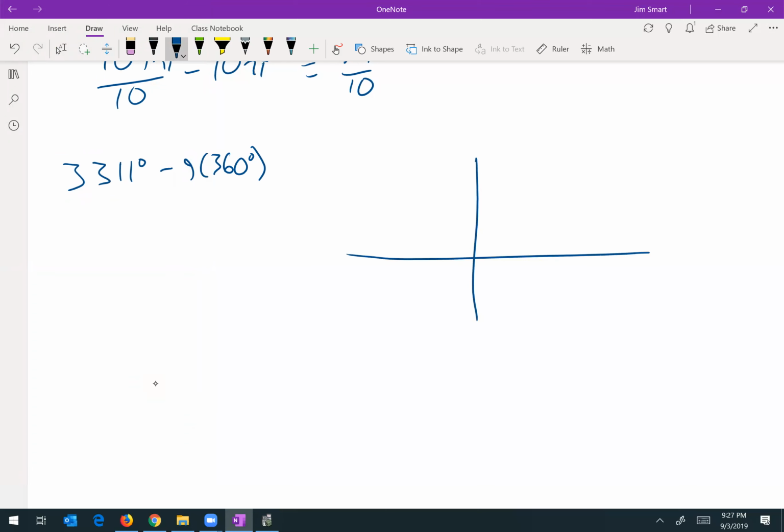Okay, no. So the reference angle is always the angle that your terminal side makes with the x-axis. So if you're in the first quadrant, remember you measure an angle from the x-axis to your terminal side. So this is theta. Well, in the first quadrant, theta is the angle with the x-axis, so theta is your reference angle. Okay, so I was doing it wrong because I was using the y-axis. Yeah.